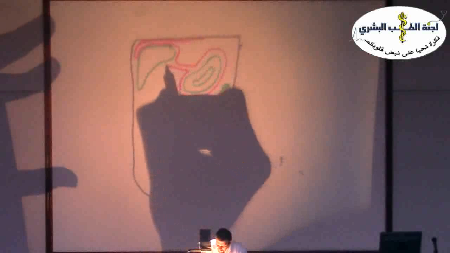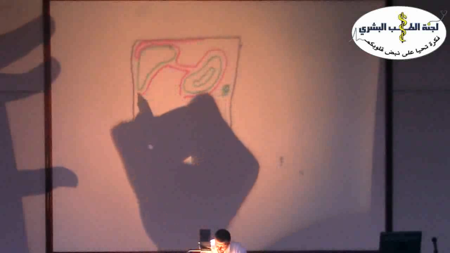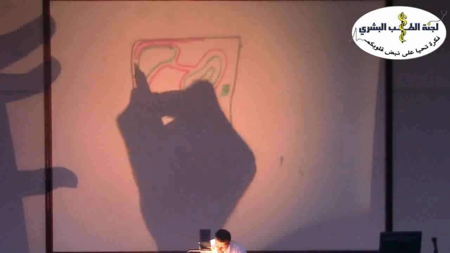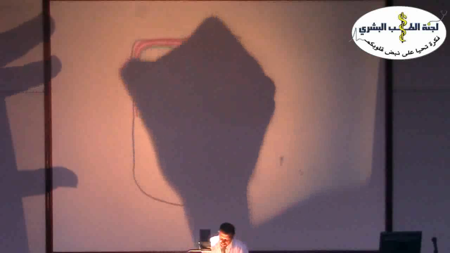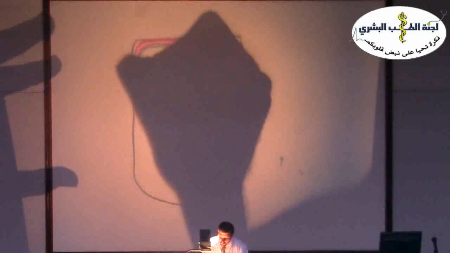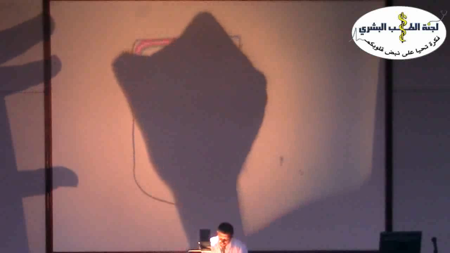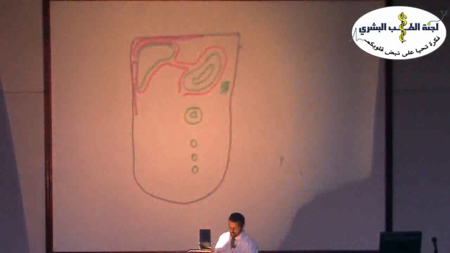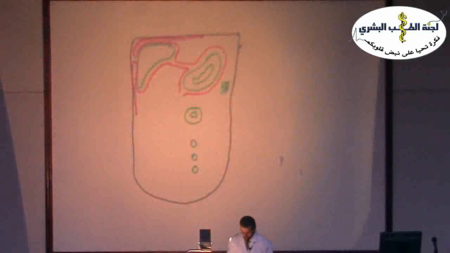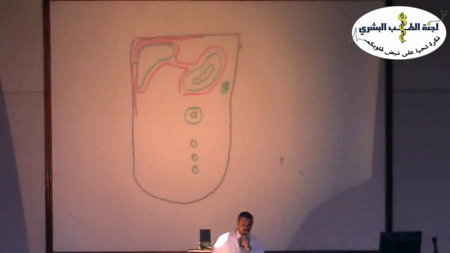This is the other part which will cover around the liver and reflects back again over the abdominal wall. Now these two reflections of peritoneum, visceral layers, reflect from the liver to the abdominal wall.